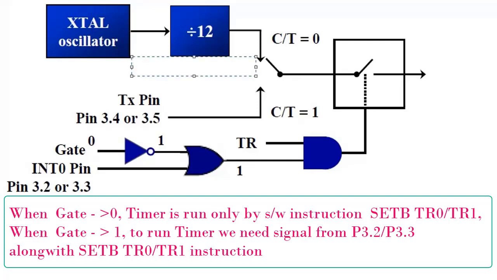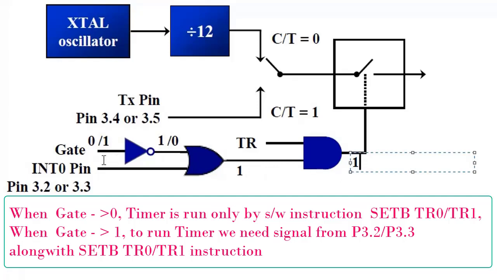Now if we place the gate as logic 1, when this is logic 1, this is 0. When this is 0, whatever will be the value here, for running the timer, this should always be logic 1. Now this is the AND gate, so this pin should always be logic 1 to get the value here.